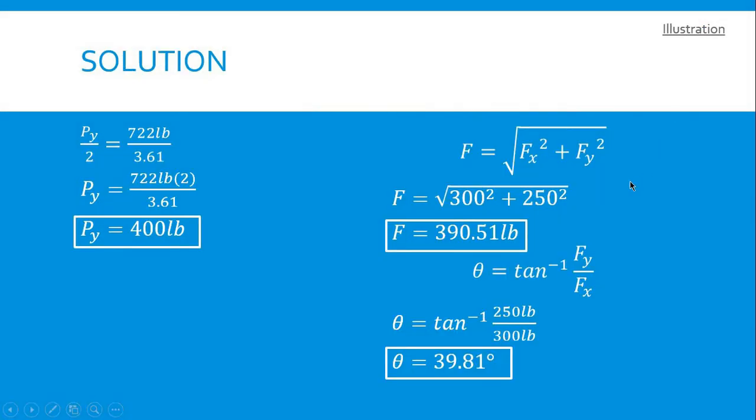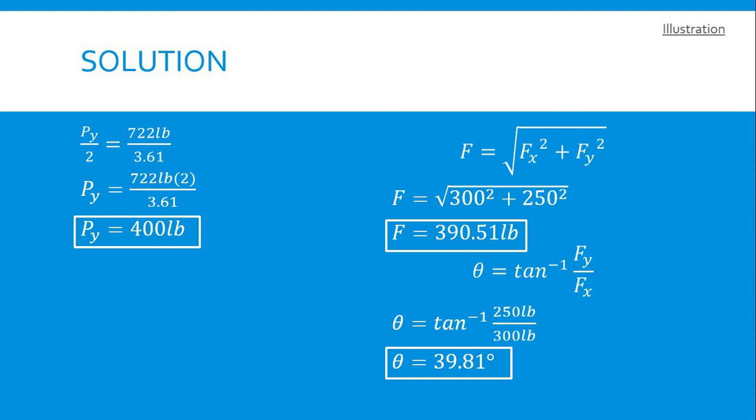Going back, we need to get the resultant F. F is equal to the square root of F of x squared plus F of y squared. Substituting the given, F is equal to the square root of 300 squared plus 250 squared.